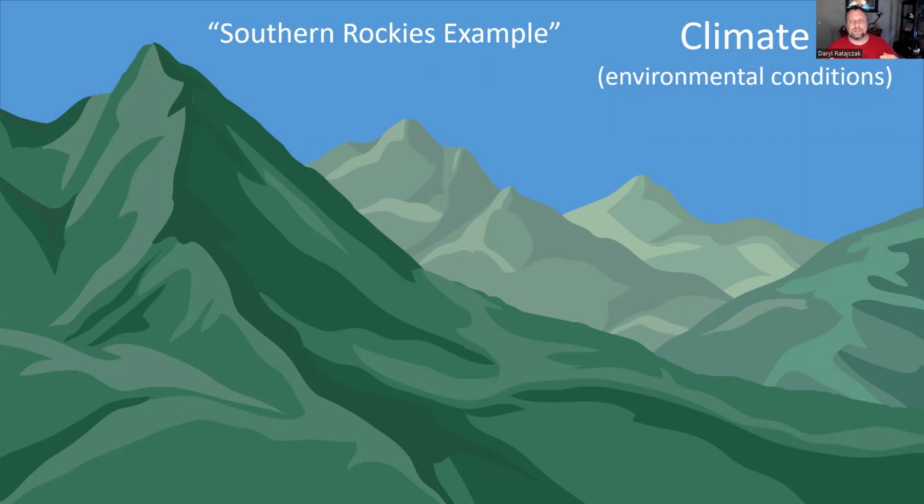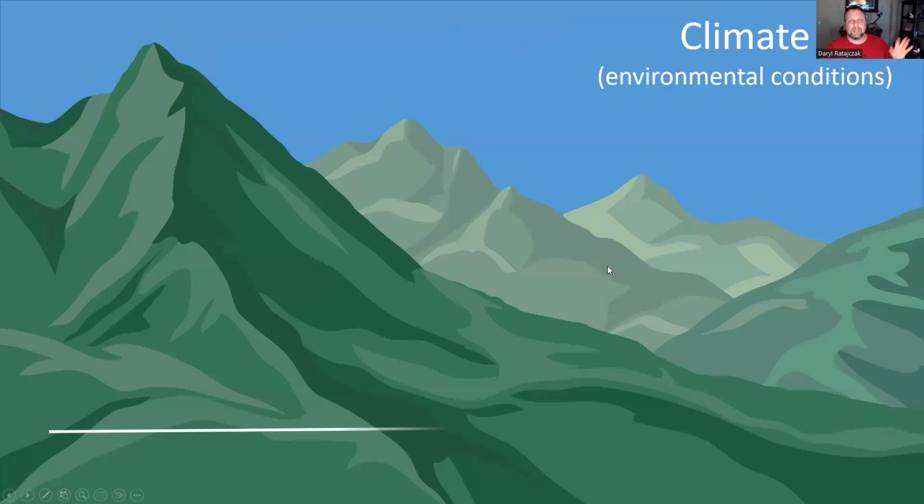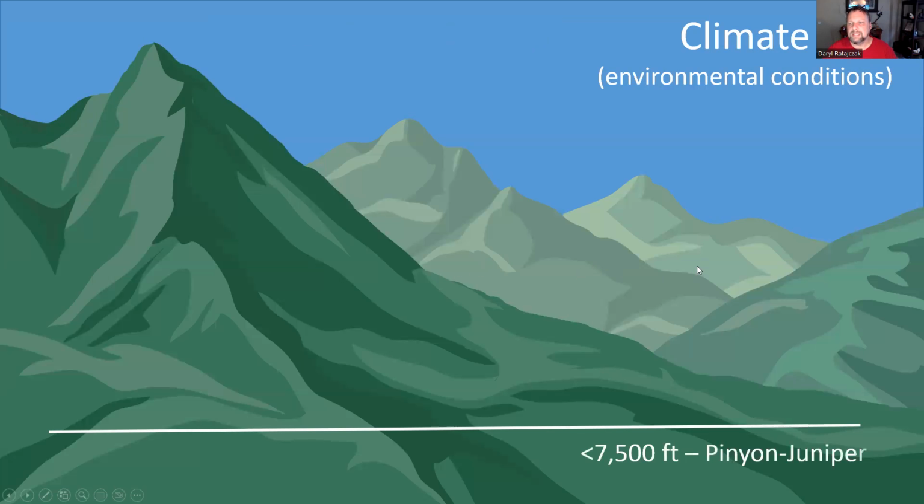So you have to understand, with elevation, there's a drastic change in a couple of environmental conditions. With an increase in elevation, not only are you getting colder temperatures, but you're also getting wetter environments. So the change in elevation often dictates what trees you're going to find there. And so let's start again with this Southern Rocky example.